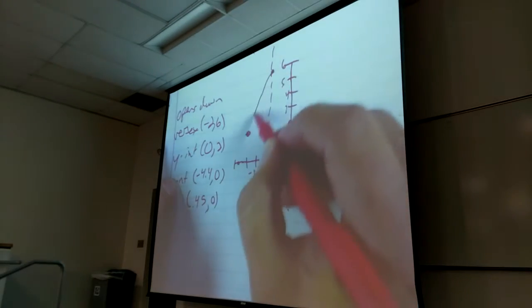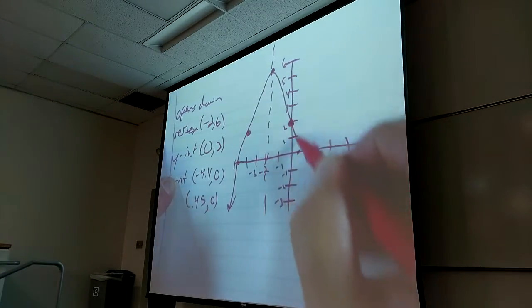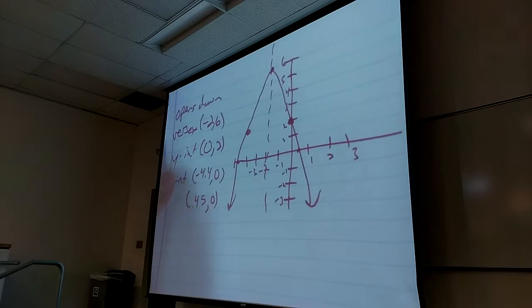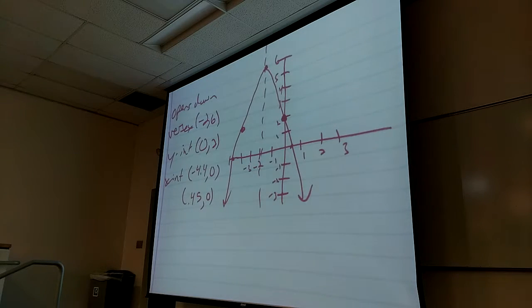And that's about where it looks like it wants to go. That's basically everything done all in one problem for the most part, right?